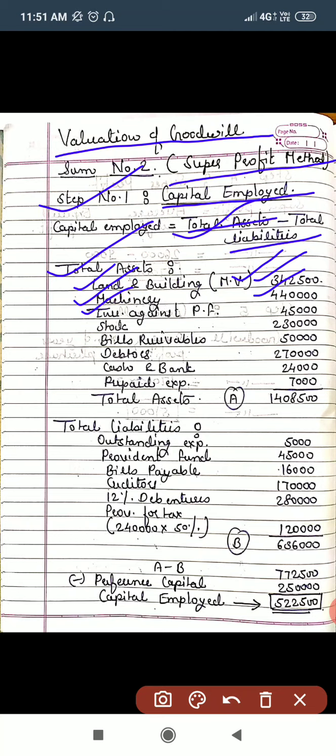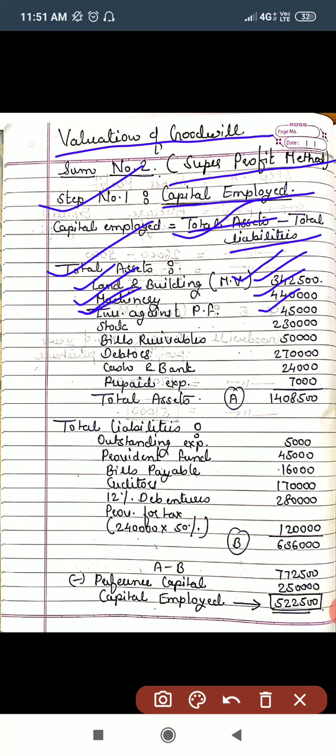The investment into the 12% debentures is a non-trading investment which will never form part of the capital employed while calculating goodwill, because the investments are not related to the business. Only investments against the provident fund, rupees 45,000, we will consider.